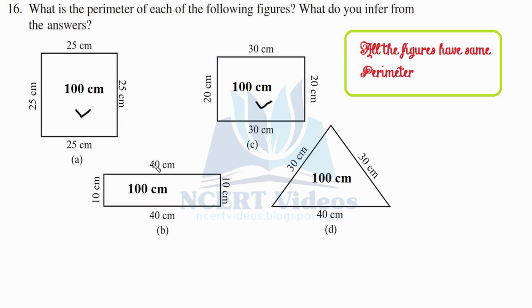Again rectangle, 10 plus 40 is 50, 50 plus 40 is 90, 90 plus 10 is 100 centimeter. Now here isosceles because two sides are equal. 30 plus 30 is 60 and 60 plus 40 is 100. So what you see here, all the figures have the same perimeter. So this is the inference we get from this question number 16.